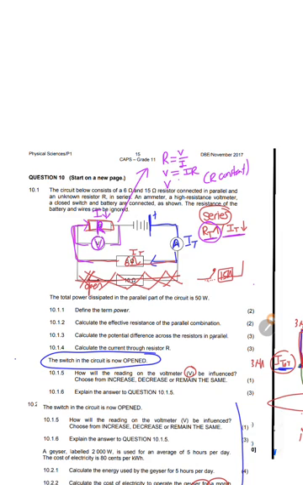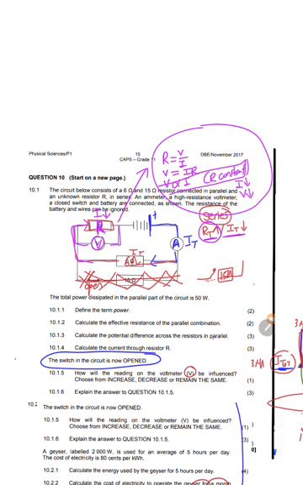So V is directly proportional to I when R is constant. So if I decreased, then V would also decrease. And that would be our answer.